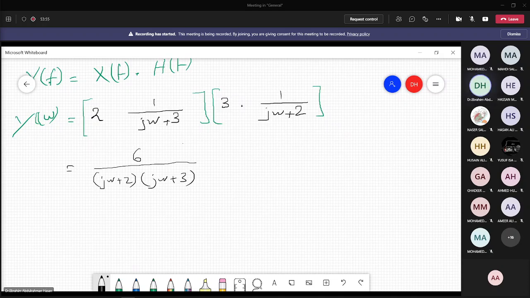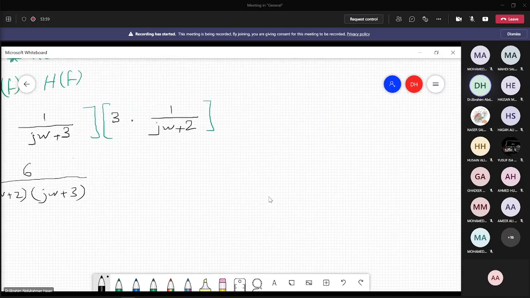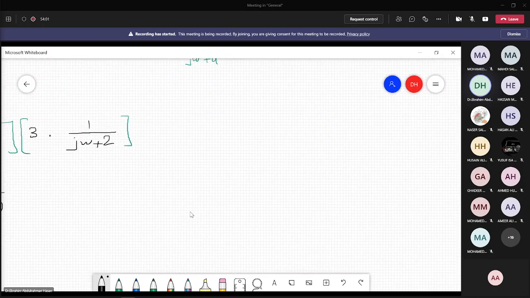Okay, how do we solve this one? We covered this in 200, so it is equal to 6 divided by (s plus 2) multiplied by (s plus 3). How do I solve this? Do you remember partial fractions?